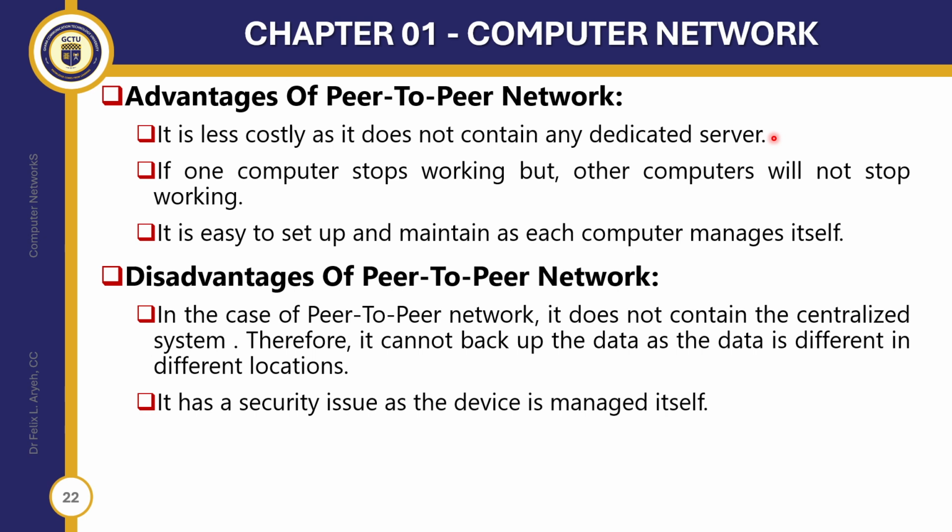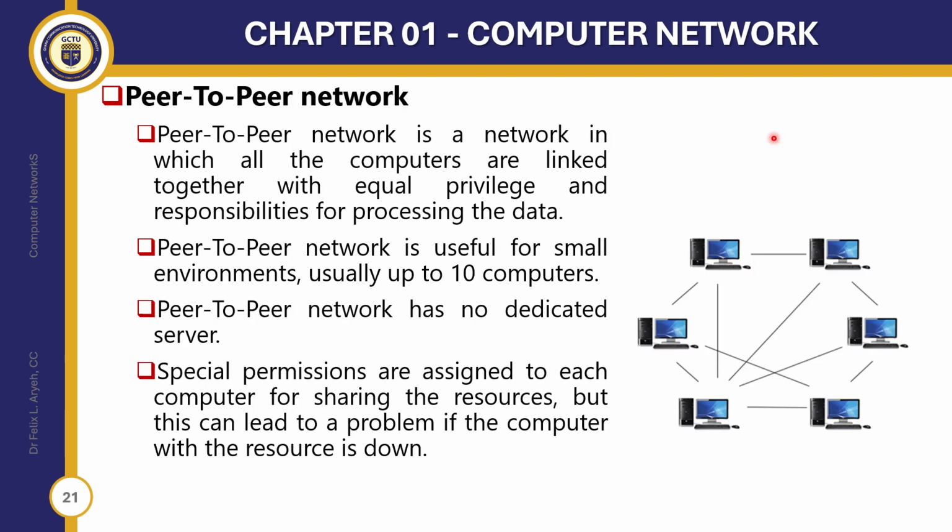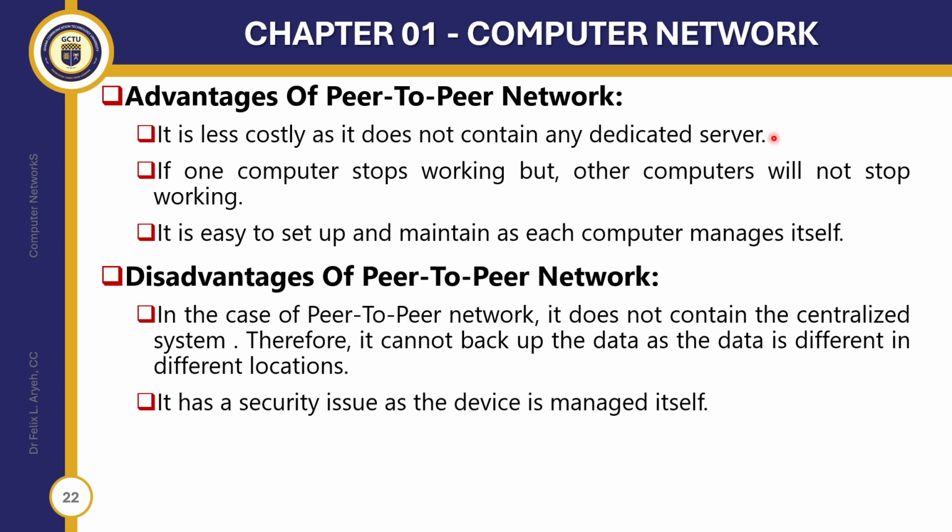So as an advantage, if any of the computers stops working, it doesn't mean the other ones would not be able to work. They will be able to work. It is easy to set up and maintain as each computer manages itself. So as I said, these are the three main advantages of a peer-to-peer network.